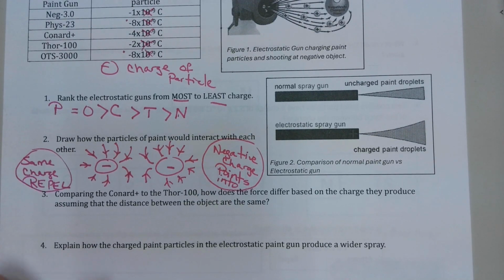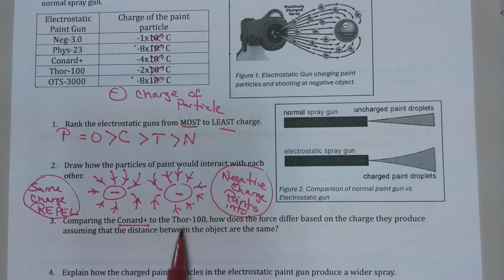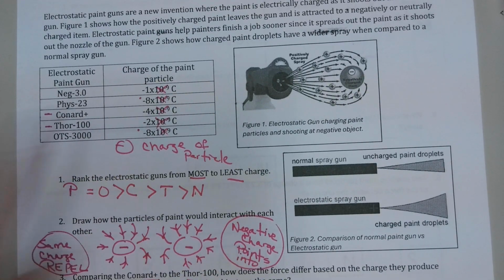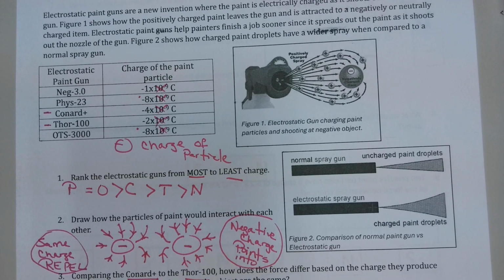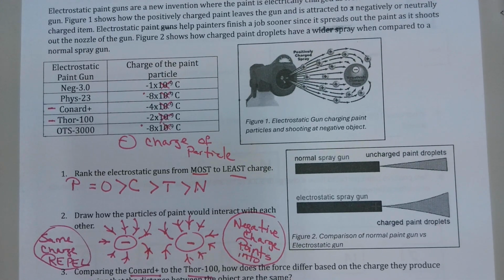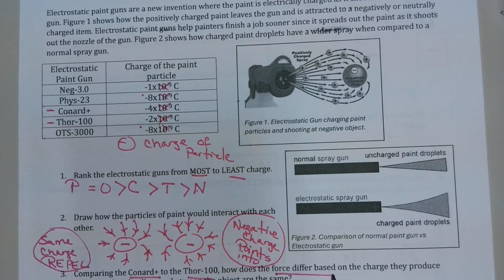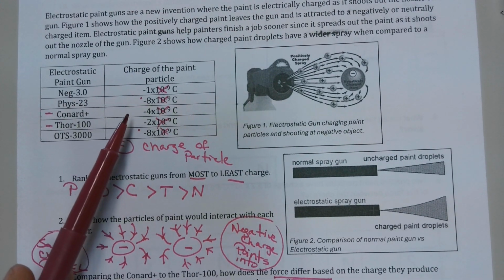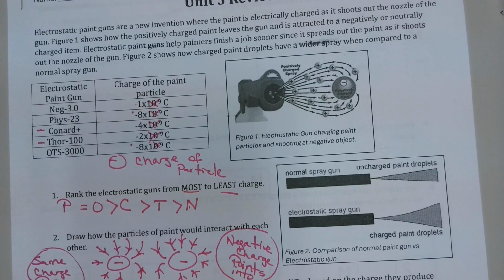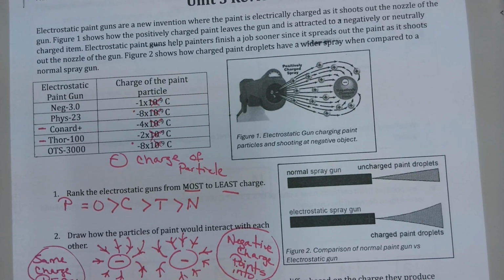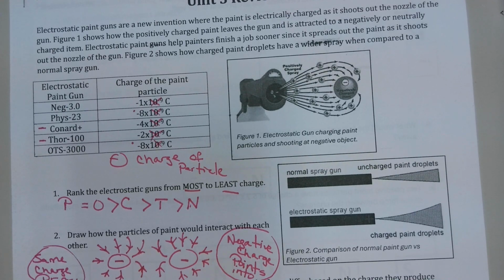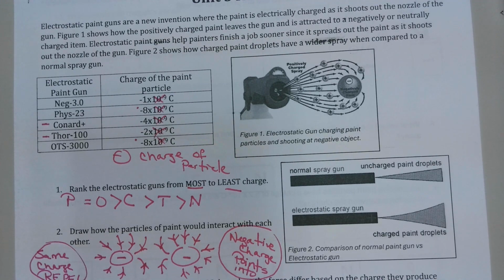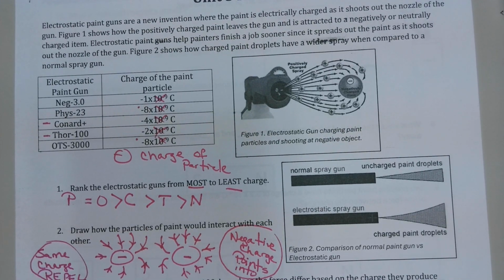Now you're comparing. Compare the Conard Plus and the Thor 100. Here's the Conard Plus. Here's the Thor 100. One is a 2, one is a 4. So when it asks how the force differs, we can say that because it's a 4 and this is a 2, the Conard Plus is double the Thor 100.